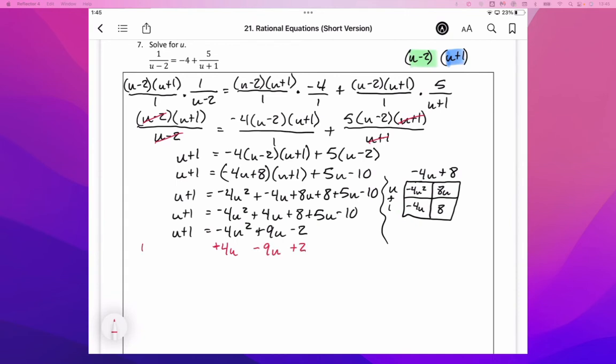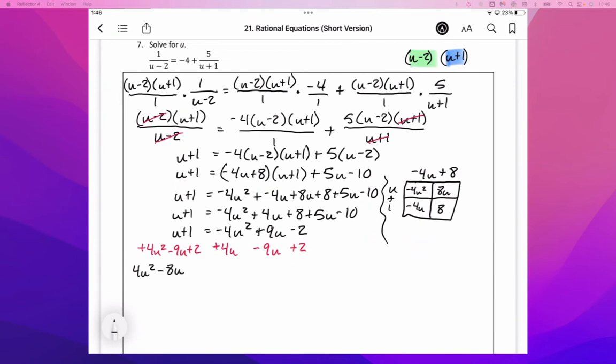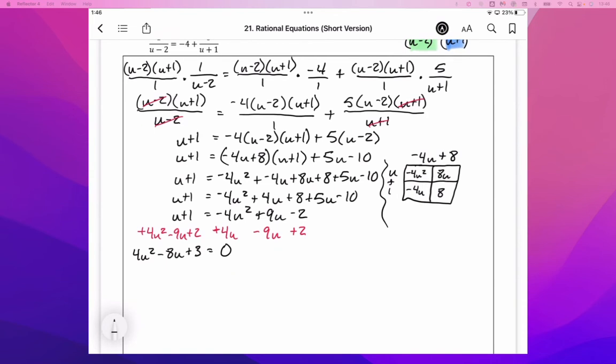So I've got to add 4u squared, subtract 9u, and add 2 to that left side. So we will have 4u squared. Negative 9u and positive 1u makes negative 8u. Positive 1 and positive 2 makes positive 3. And so that's equal to 0.